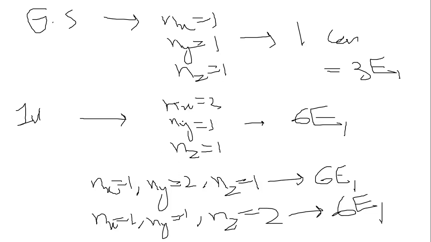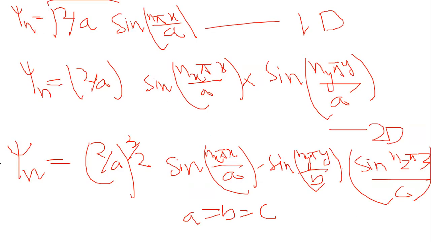So for these three combinations of nx, ny, and nz, we get the same energy, but the wave function will not be the same, because the wave function contains nx, ny, and nz. If a, b and c are not equal, then for nx equals 2 it will be sine 2 pi x by a, sine pi y by b and sine pi z by c.